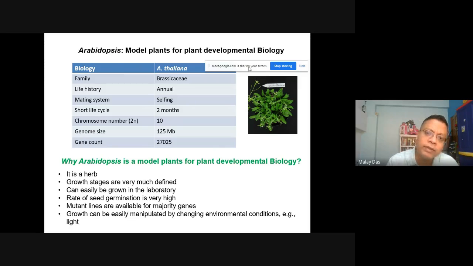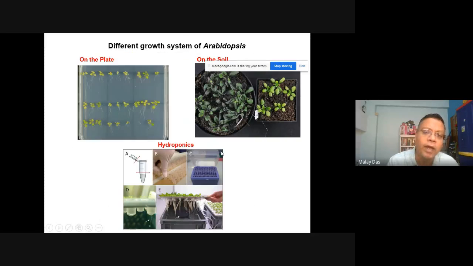So let's see what are the different growth stages that Arabidopsis has in order to complete its life cycle. But before we go there, I also want to discuss the different growth systems that are being used by researchers to grow Arabidopsis.